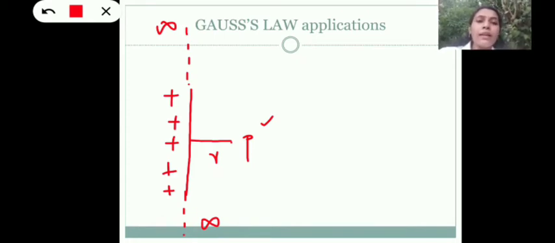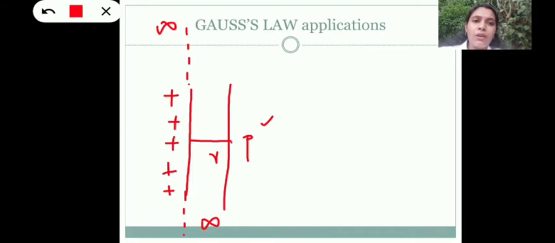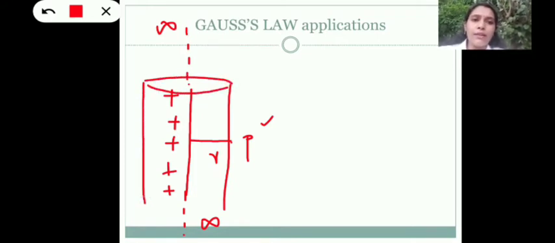The symmetry of the electric field around this line charge is cylindrical. So we need to construct a cylindrical surface. That will be our Gaussian surface, and that surface must enclose this point P. So construct a Gaussian surface in the form of a cylinder like this, and that Gaussian surface includes our point P. Now this is a closed surface, and what is the radius of the cylinder?